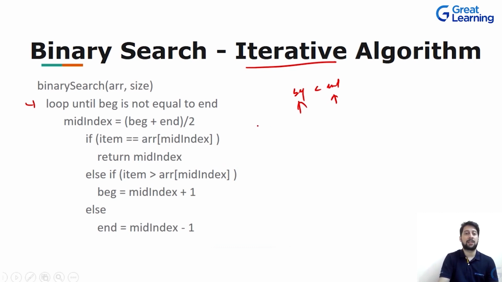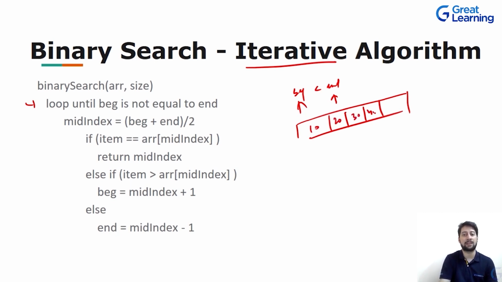Now, whether we are using the iterative approach or the recursive approach, the logic will remain the same, right? We will have this array, and it will be in some order so that we can neglect some part of it. It doesn't always have to be sorted.